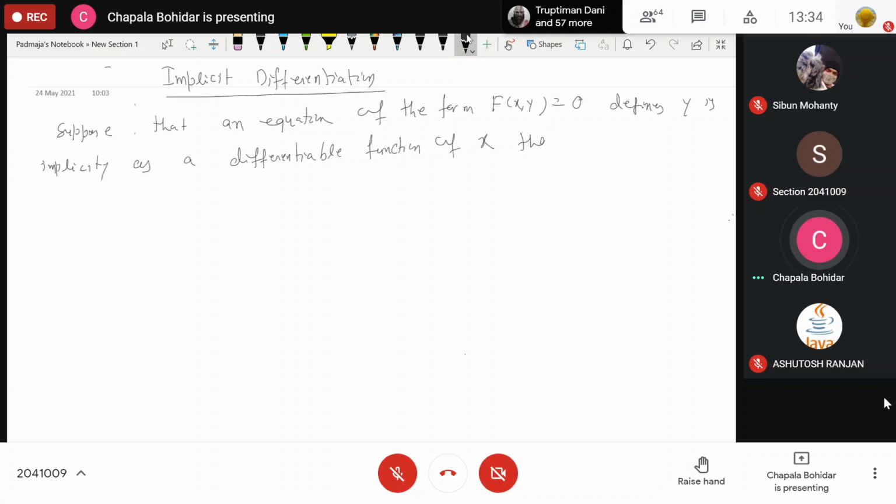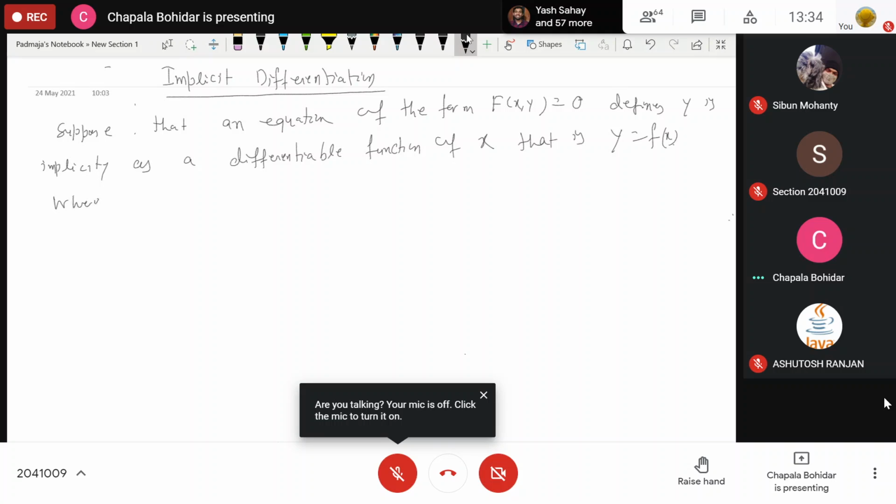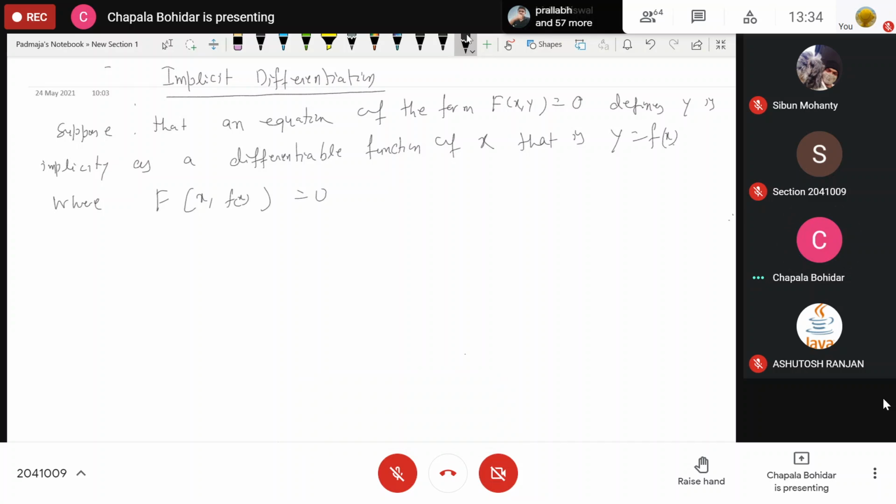That is, y is equal to function of x. Where we can write down this implicit as f(x, f(x)) equal to 0 for all x in the domain of f. This is the symbol for all x in the domain of f. Okay.